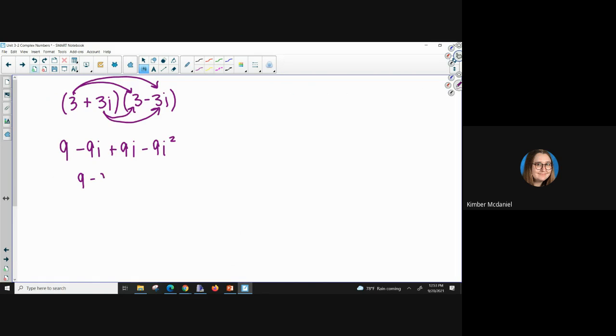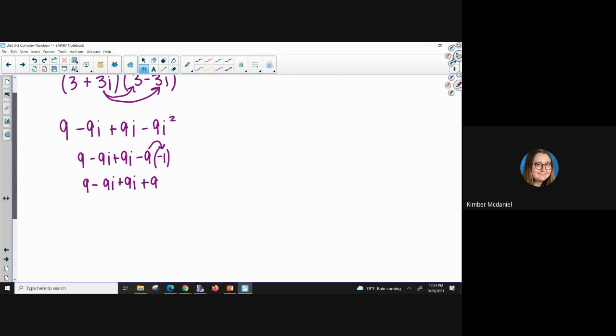So I'm going to put 9 - 9i + 9i - 9 times -1, because it is my personal preference to replace i squared with -1 first. Since I did that, I need to do -9 times -1. I'm going to bring everything else down because so far that has remained unaffected. And -9 times -1 gives me positive 9.